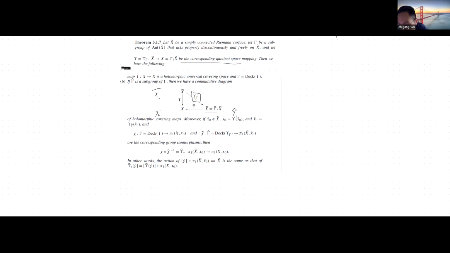And then we have the composition from pi 1 of X hat, x naught hat to pi 1 of X, x naught, which is equal to gamma hat push forward.